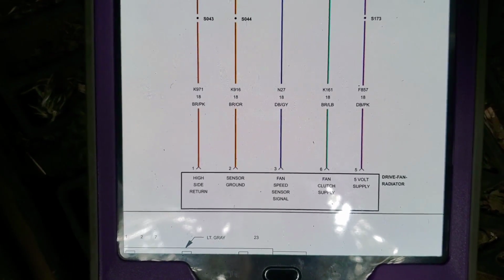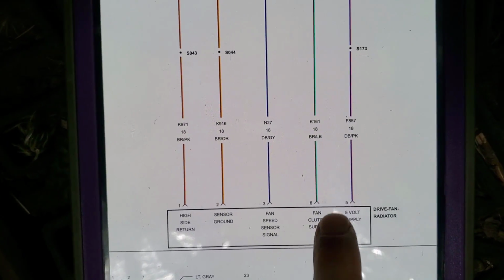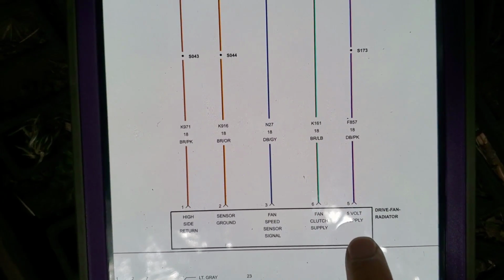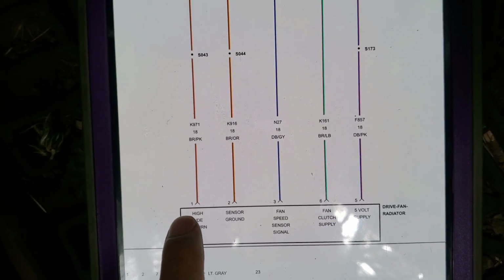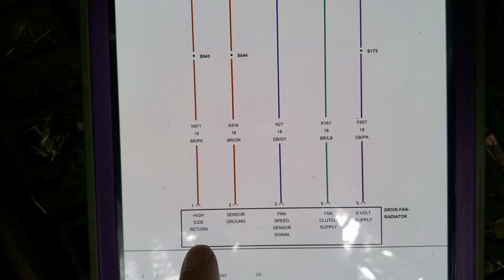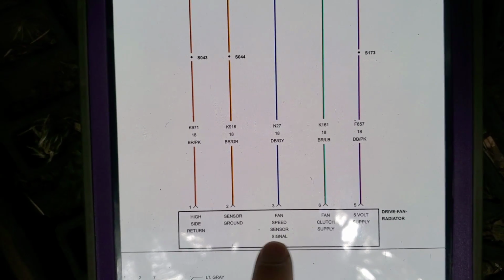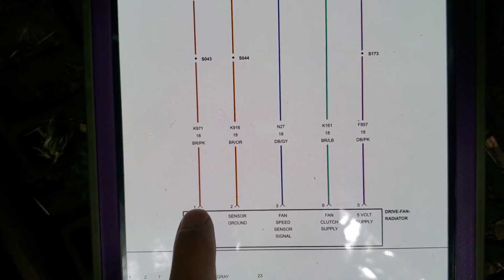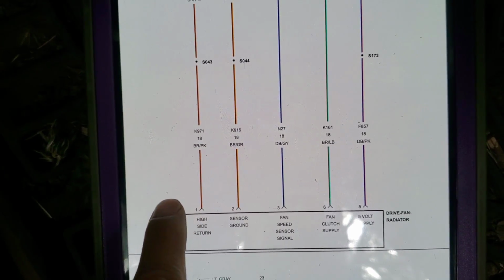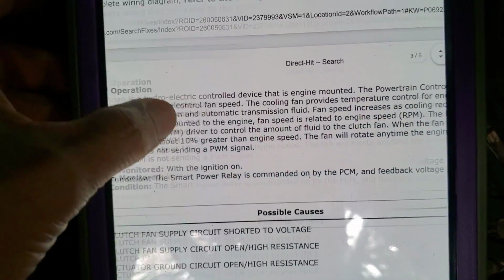They have been controlling it on a high side. So we'll be assuming that one will be constant ground, pin 6, and that one will be a high side.